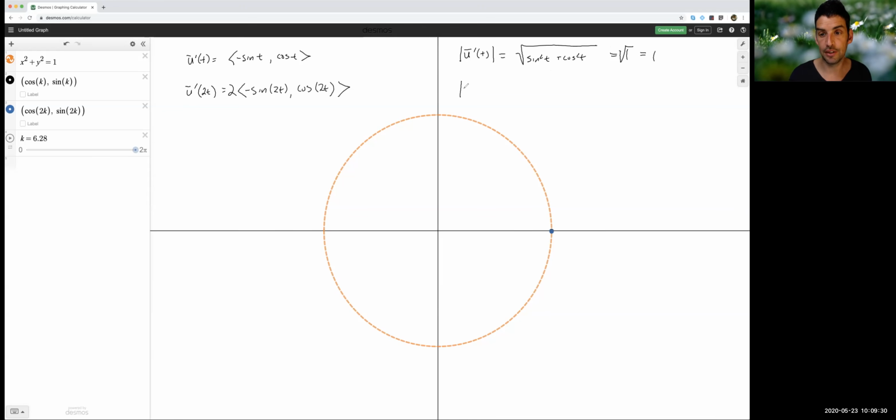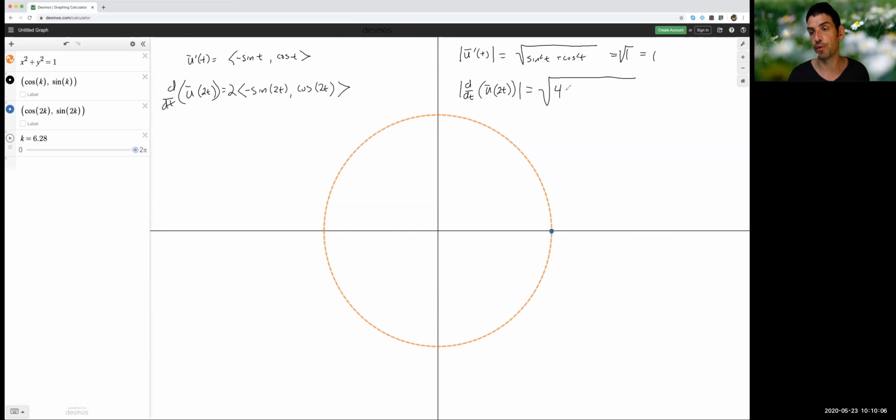And then the magnitude of u prime of 2t, sorry, this is a bad way to write this. Let me change this a little bit. It's hiding the chain rule that's happening. I should just write it this way. The magnitude of this vector, d/dt of u of 2t, well, I would take the square root of each component, but notice these components, if I multiply in, are each going to have a 2 in front of them.